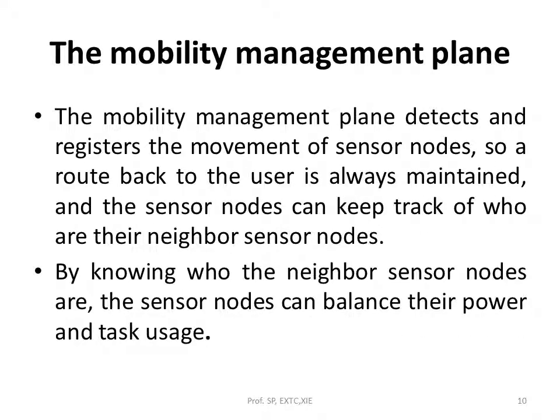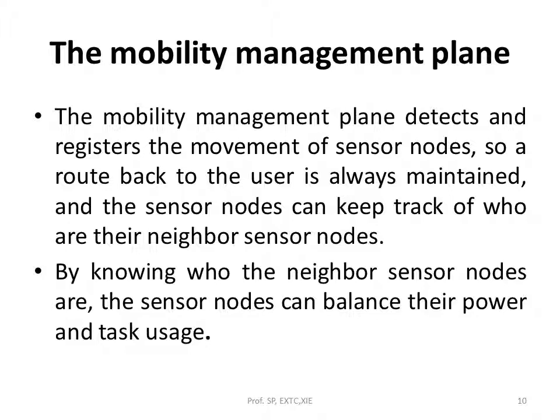Mobility management plane: if mobility is given to the sensor nodes, then we talk about the mobility management plane. It detects and registers the movement of sensor nodes so that a route back to the user can be maintained. Who our neighbors are, and which neighbor is able and willing to take part in the communication, is known in the mobility management plane.